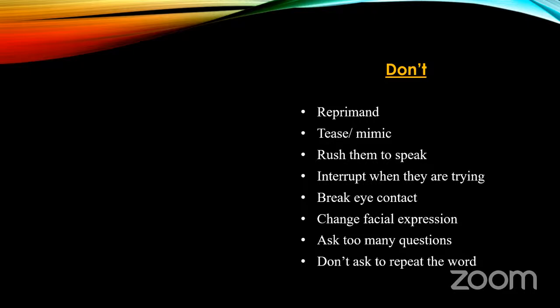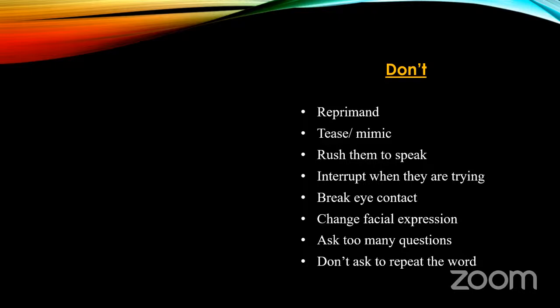So what are the don'ts? What are we going to advise? We are going to advise in both cases, whether it is developmental disfluency or stammering or stuttering, there are lots of don'ts. Do not reprimand. The child is not doing it purposely. Do not tease or mimic. A lot of times, parents say, "Oh, you're talking like this," and they try to mimic the child, and that doesn't help the child.